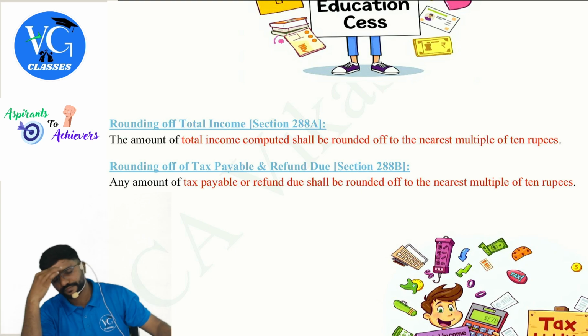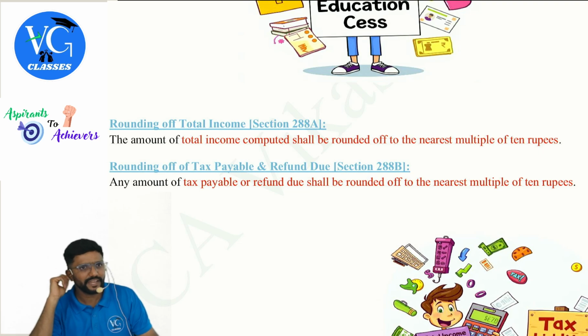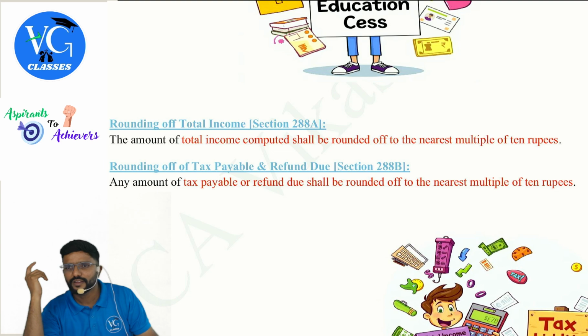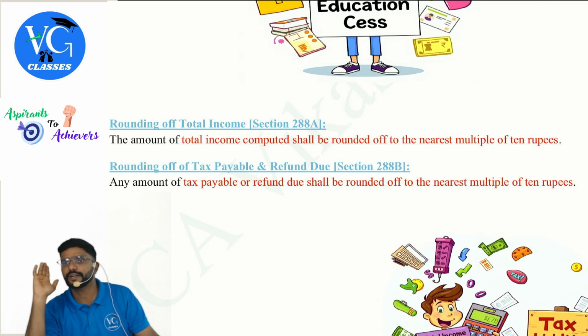Income comes first, so income has to be rounded off as per 288A, and tax liability as per 288B. Both have to be rounded off to the nearest 10 rupees.